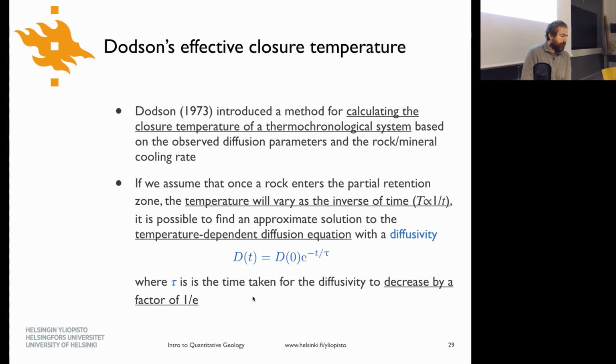Maybe we don't need to spend a great deal of time on here. I don't think you necessarily need to. You don't need to use this to complete the exercise. It might be useful to look over this slide and the next couple slides for the final report, just so that you understand what this Dodson equation is doing, because we will use that in the exercise.